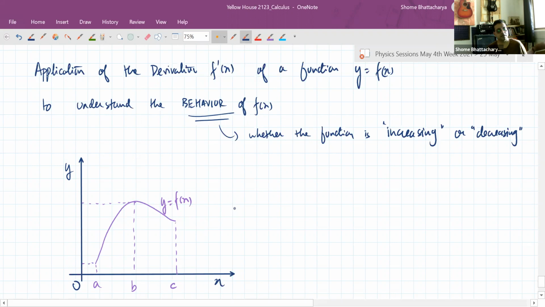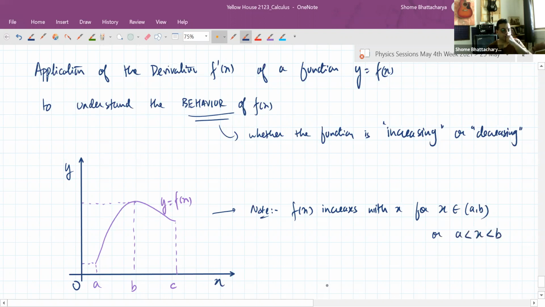So for this function, f(x) increases with x for the interval x belonging to A to B. This kind of interval is also written like this, that x is greater than A and less than B.